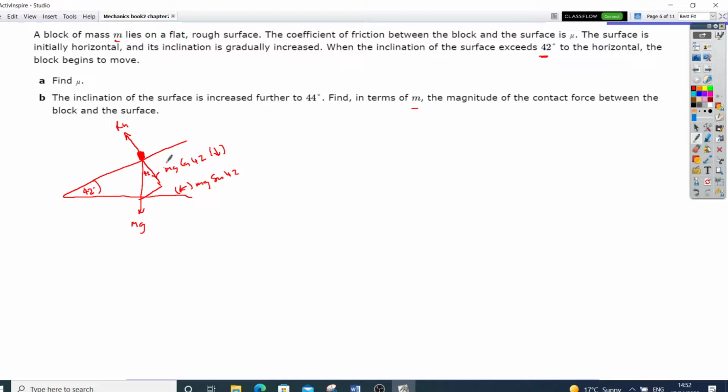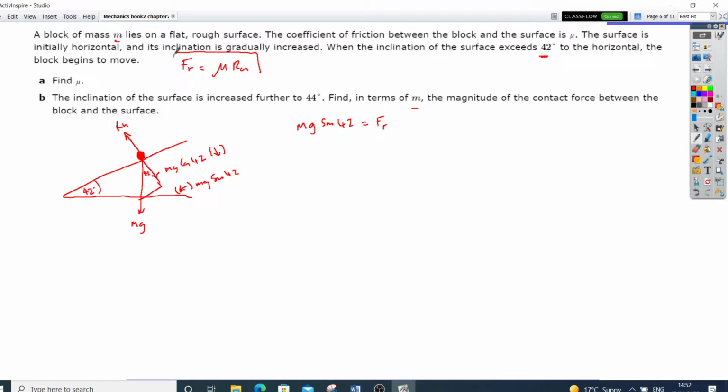Okay, and what we've got in this case is limiting equilibrium, where the block begins to move. So when it starts to move, we know that mg sin 42 is equal to friction. They're in equilibrium, it's starting to move. We also know that friction is equal to mu times the contact force.